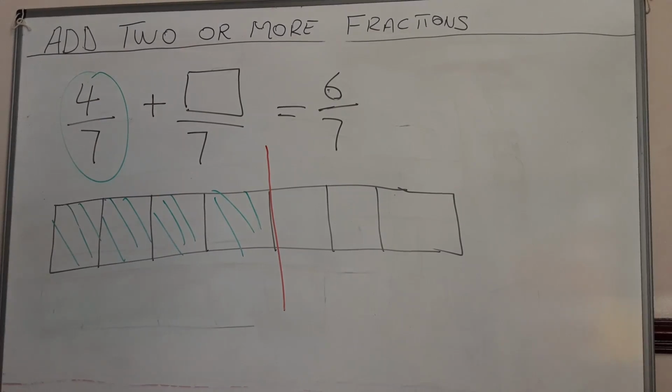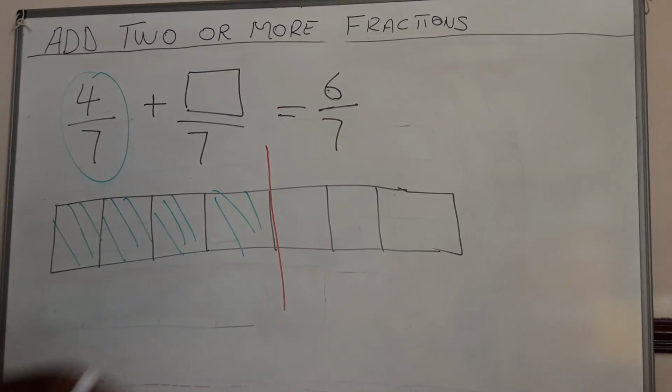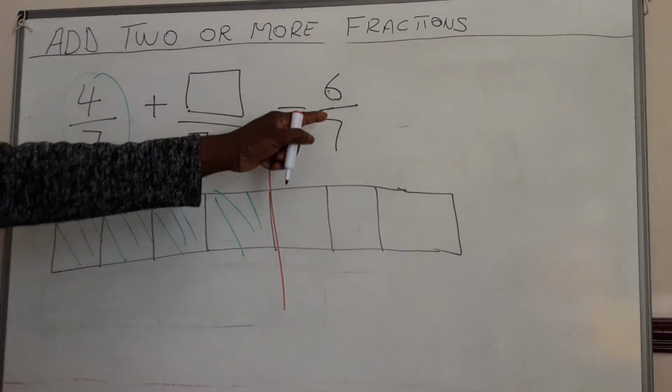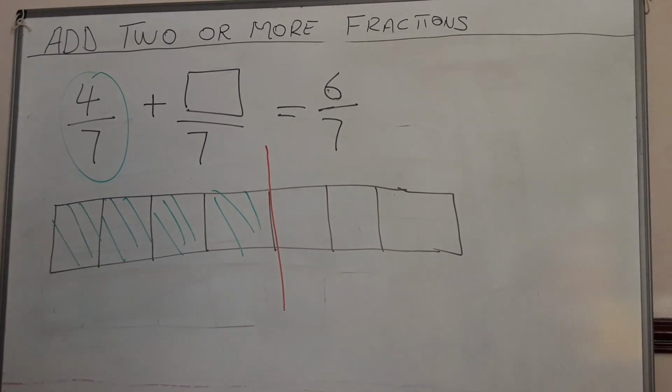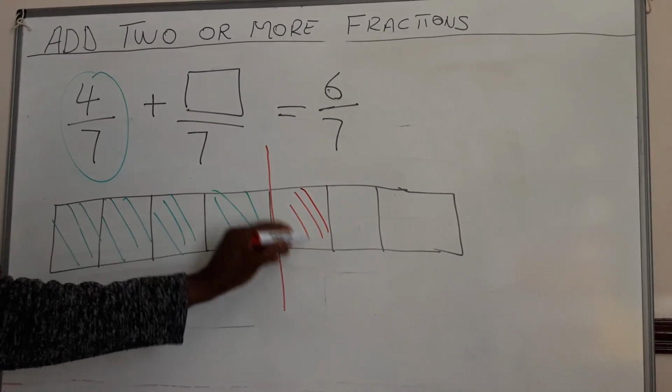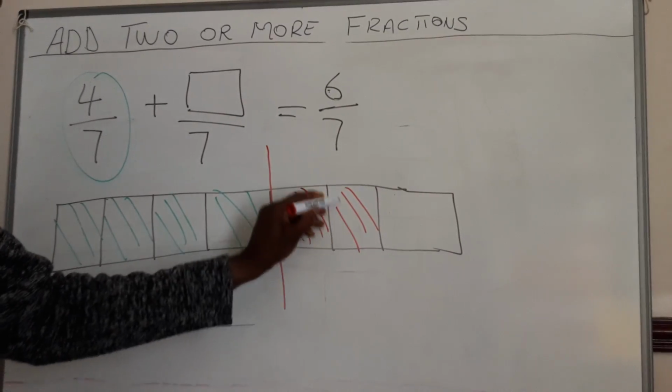We don't know the missing number, but the answer is telling us that we have 6 over 7. So we're going to count on to continue. So we have 1, 2, 3, 4, then 5, then 6.